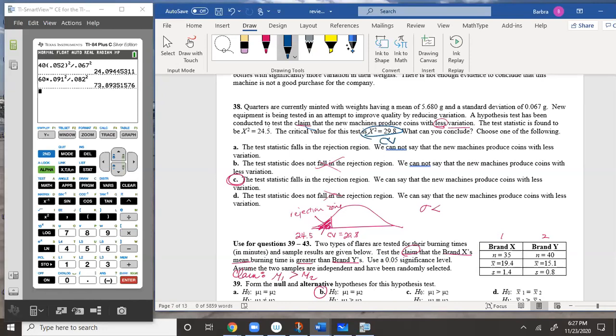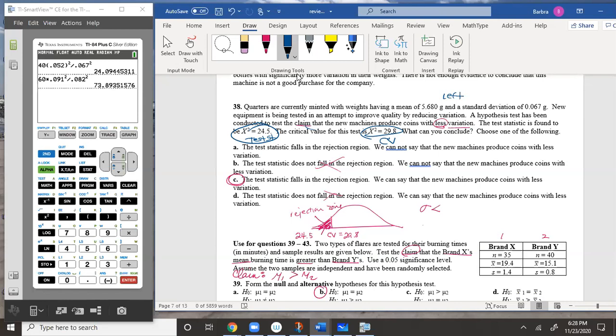All right, so we need to draw a graph here and compare the critical value with the test statistic. We also need to know what kind of test this is. I underline the claim that the new machines produce less variation, so this is a left-tailed test. A quick sketch will help.